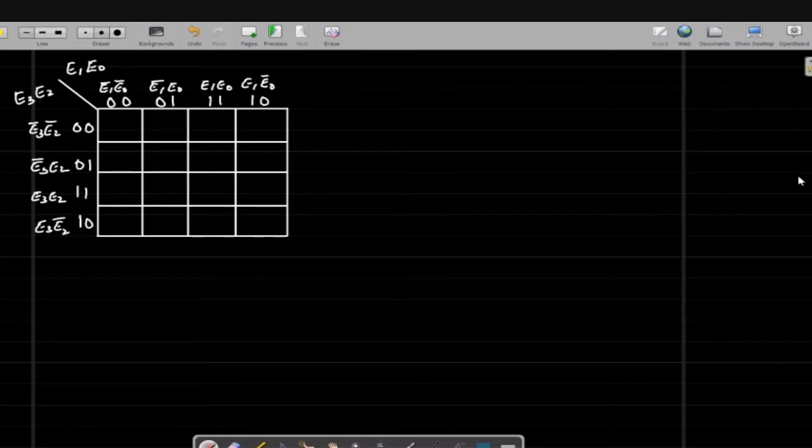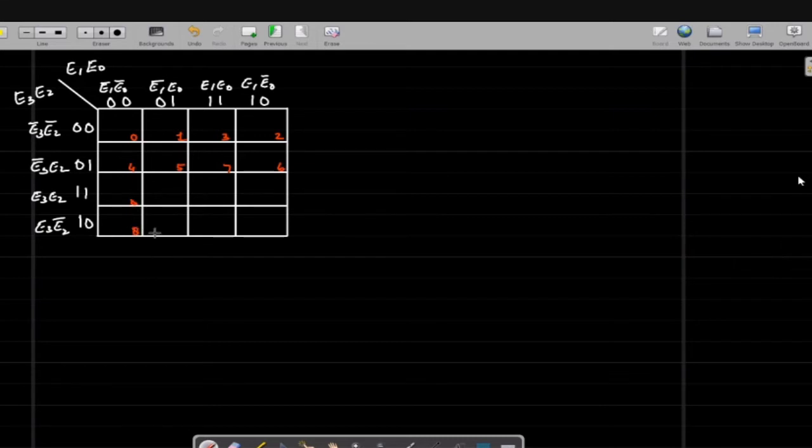At the corner, you can write the decimal equivalent of each minterm which is associated with each block of this 16-cell K-map. For example, this will be all zeros, so it will be written as 0, 1, 2, 3, 4, 5, 6, 7.